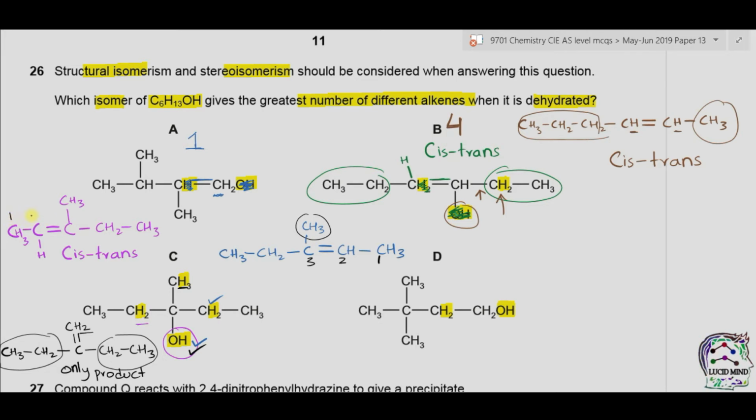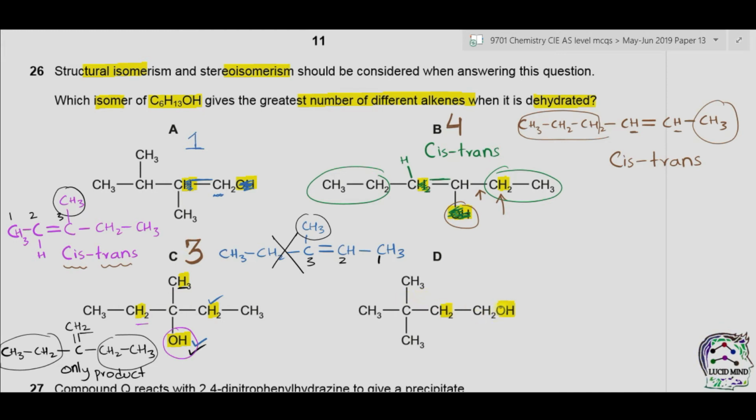And similarly in this product the double bond was between the second and third carbon atom and the methyl group was attached with the third carbon atom. So therefore these are actually the same compounds. So we will not consider this product. So we can see the total number of products is 1 cis, 1 trans and 1 this product. So the total number of different products formed is 3.